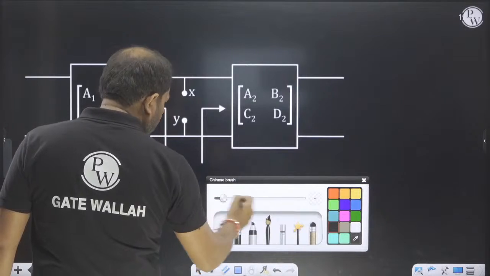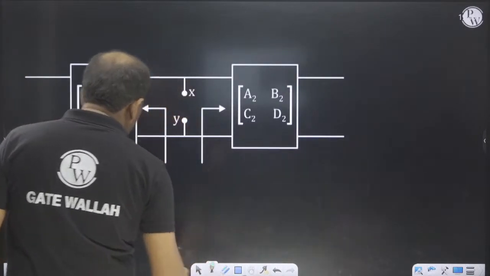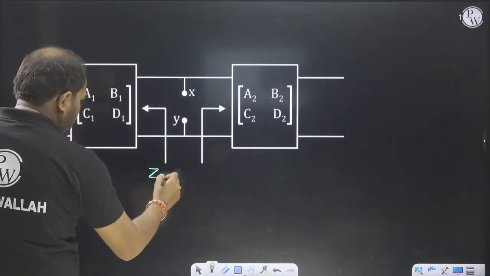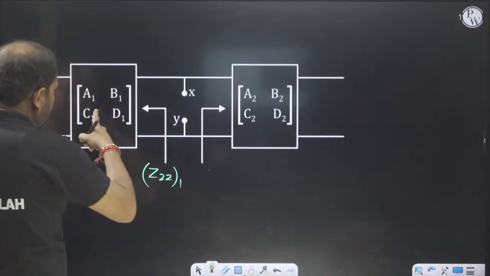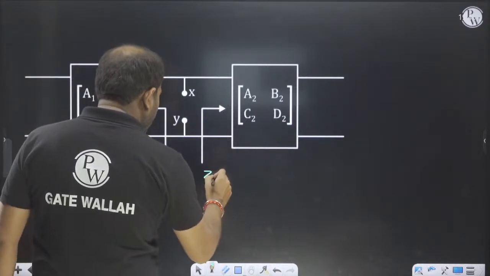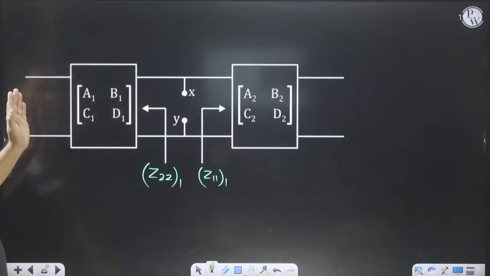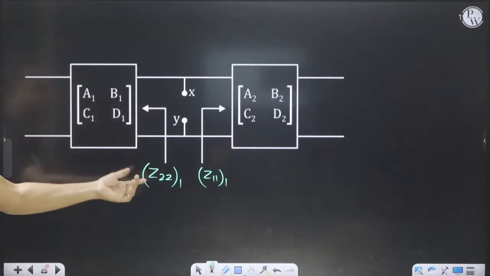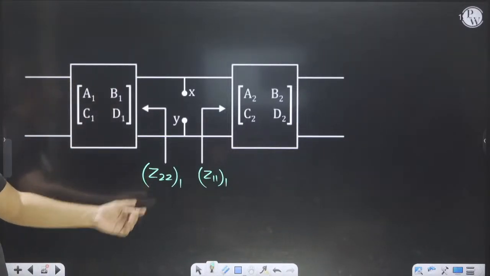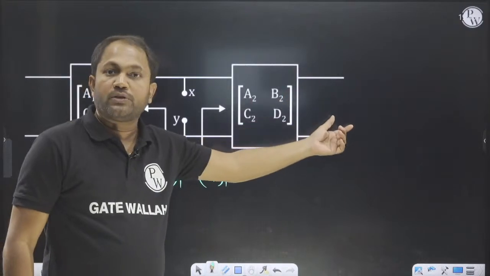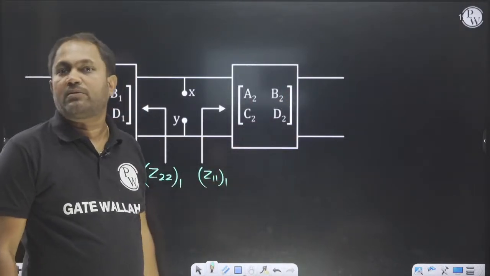This is our Z22 for the first one, and this is our Z11 for the first one. Why? When the first port is open circuit, the output impedance is Z22. When the second port is open circuit, the input impedance is Z11.